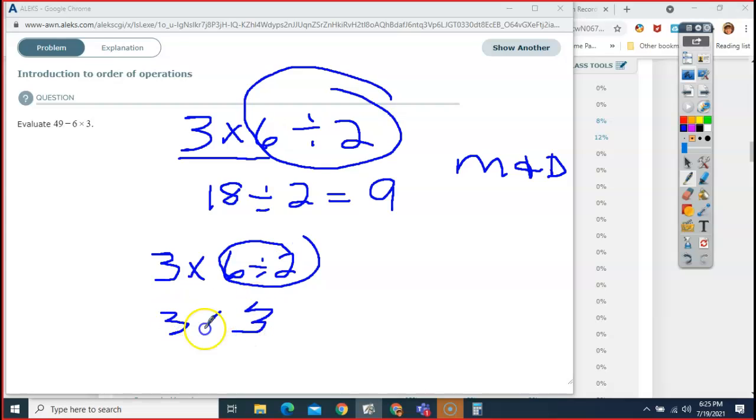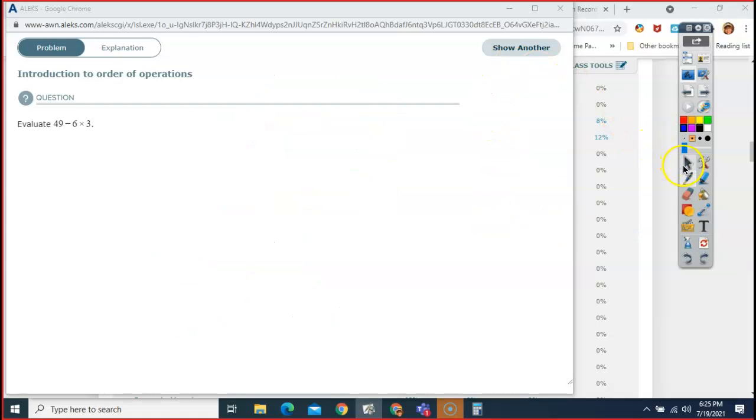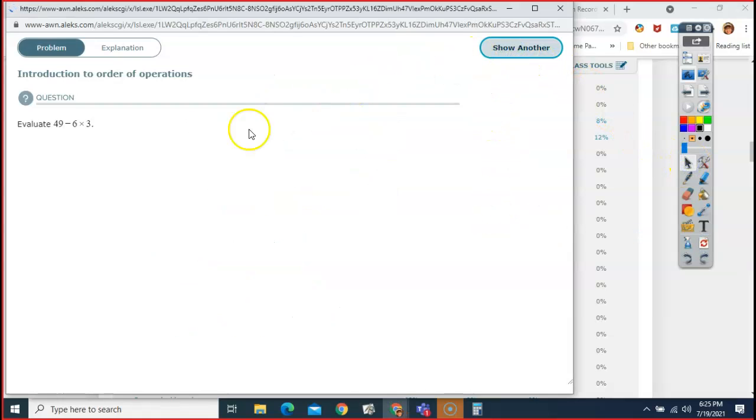So I'm looking at 3 times 3. It's still 9. So it doesn't matter. With multiplication and division, it doesn't matter which one you do first. So that's why I had those circled, and also I had addition and subtraction. Addition and subtraction are always going to be the last thing you do.